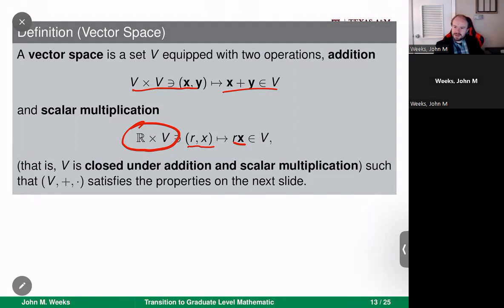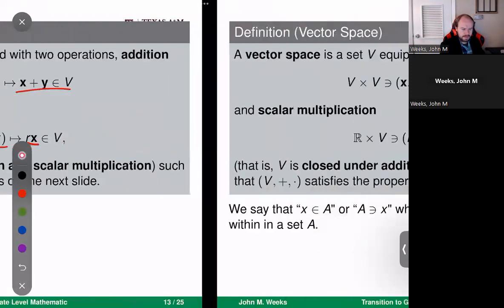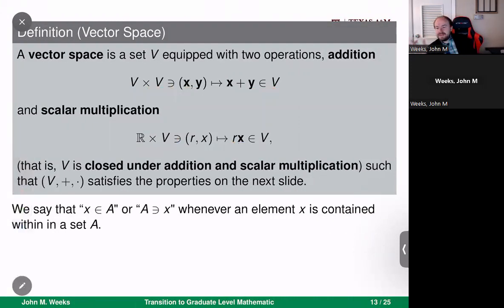Now, we want these to also satisfy specific properties, but before we do that, let's make sure we're clear on the notation here. So we're going to start by saying whenever you have something like an element in a set, we're going to use this little notation that's given right here. That's this little logical in symbol. X is inside of a set A. Now, we could flip that if we would want.